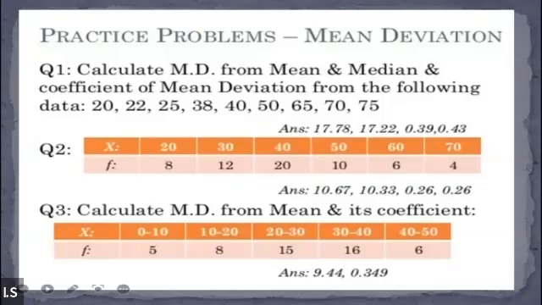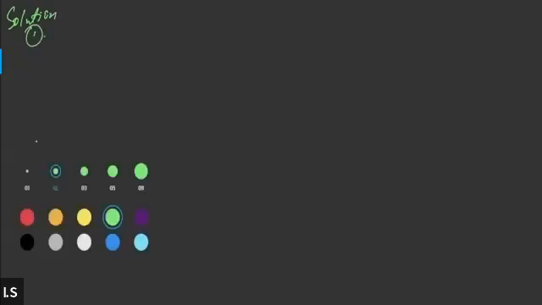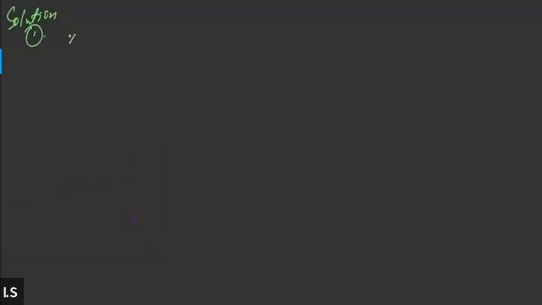Okay, so let's wait, just a minute. Let me write down the question. All right, so the values in the question are x: 20, 22, 25, 38, 40, 50, 65, 70, and 75.